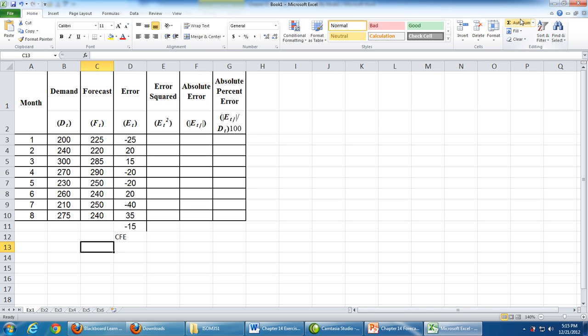When we average the forecast error, the average forecast error equals the sum of forecast error divided by the total number of data, which is 8 months. Okay, average forecast error, or E bar, we call it. Sometimes we use a term called E bar.